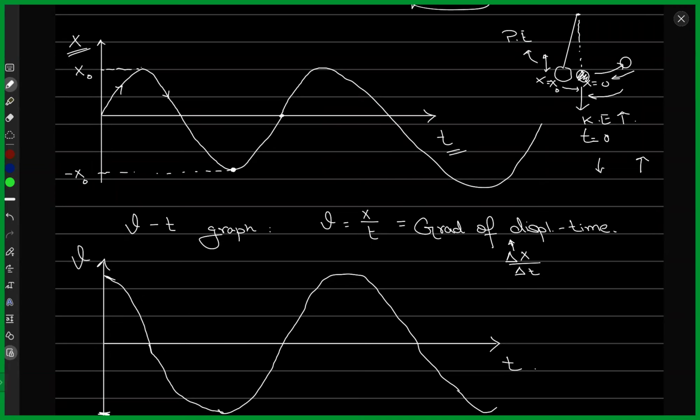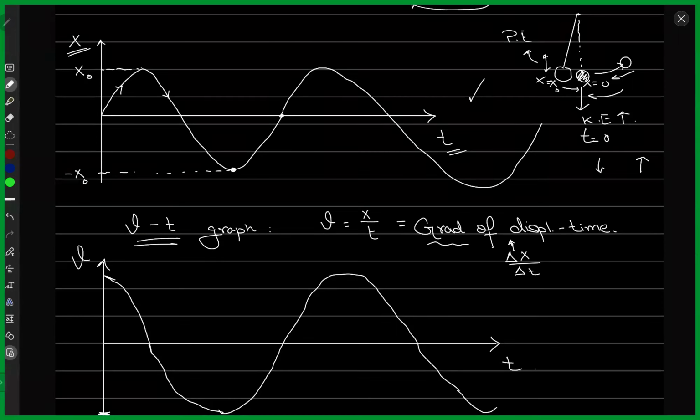So understanding the displacement time graph is the most important, because now if you use a trick borrowed from mathematics, you can just draw a velocity time graph instantly, because as I said, the gradient of a displacement time graph is a velocity time graph.